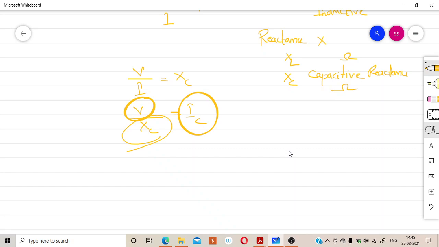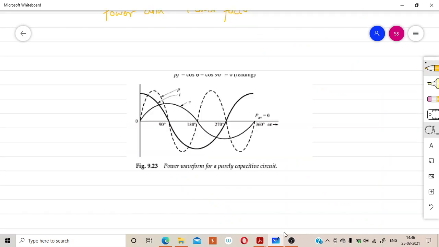Now we have to discuss the power and power factor. The concepts are similar to what we have discussed in the previous classes.